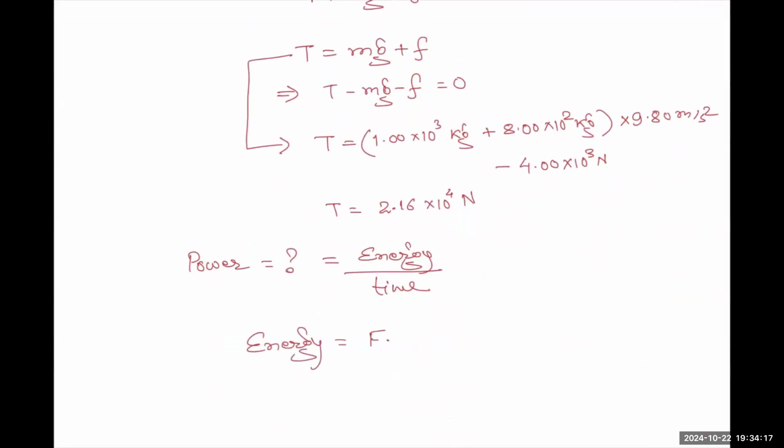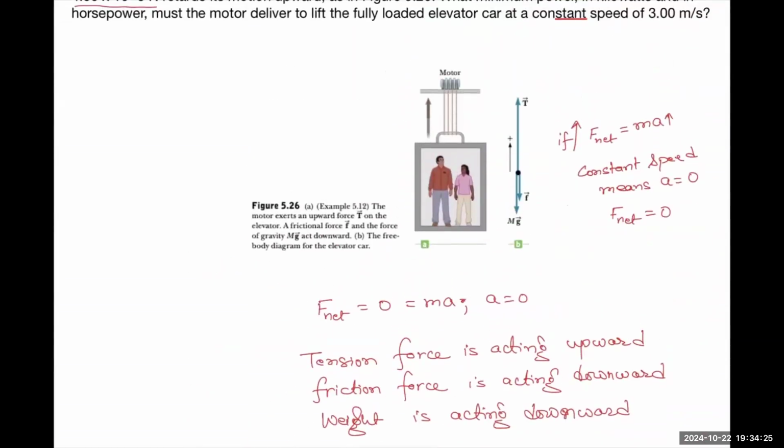Force times displacement, right? Because in these conditions my elevator is moving in the same direction as the tension is being applied. So in this condition, what is my theta, the angle between the force and the displacement?